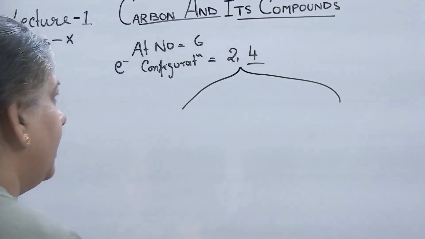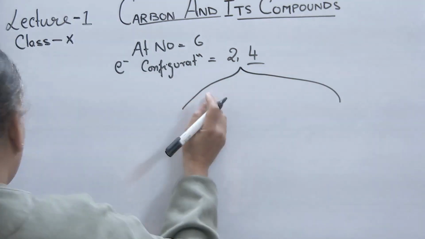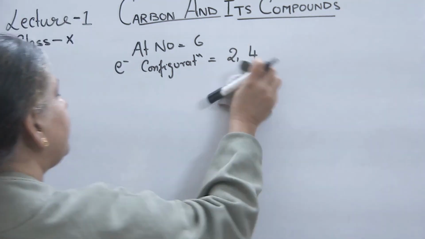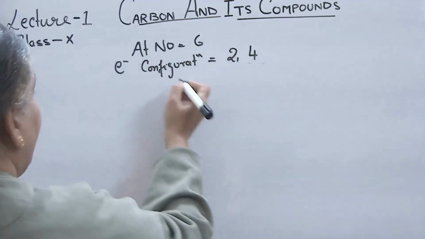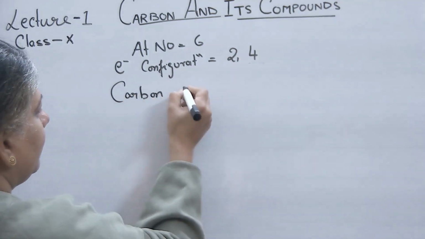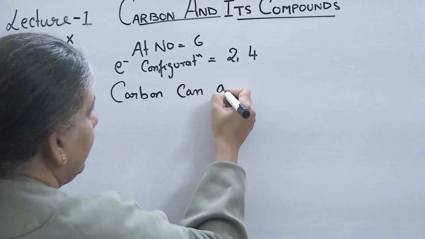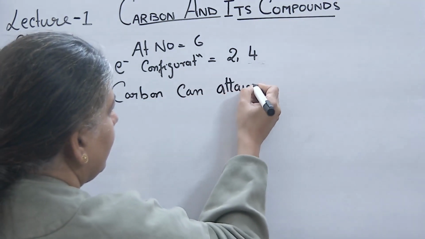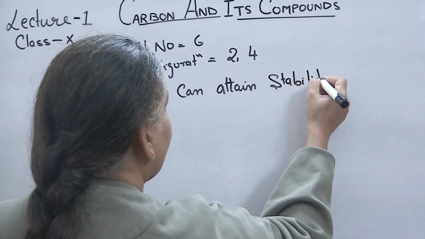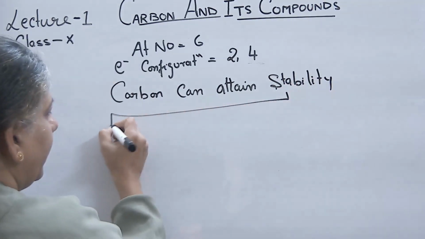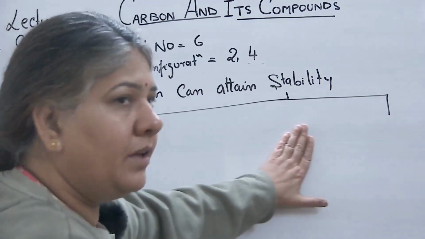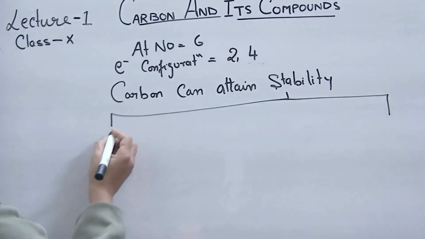Carbon can attain stability in two ways, and these two ways are very much explained in your NCERT book.